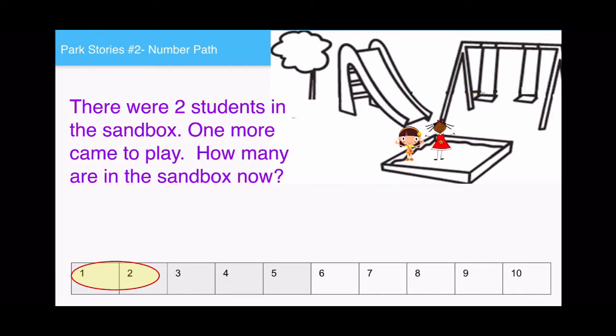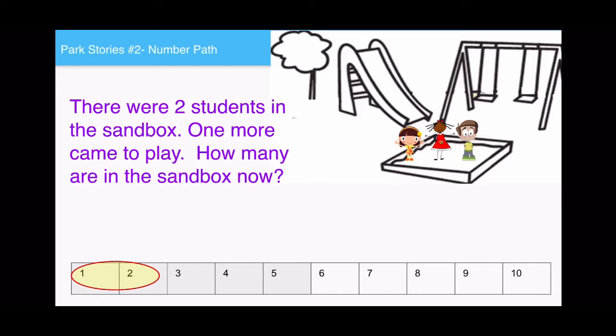Now, let's go back to the problem. It says one more came to play. How many are in the sandbox now? So you should grab one more counter and put it right down next to those 2 you have already. I'm going to just circle one more number on my number path. Now, boys and girls, when you're doing a number path, you're going to look.